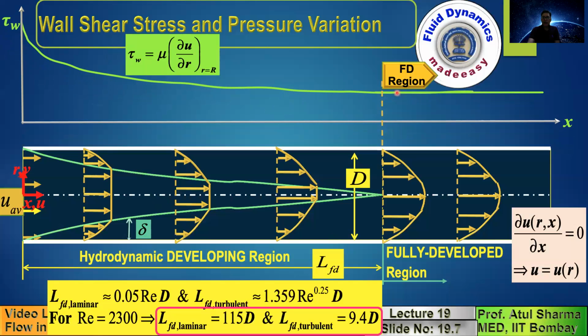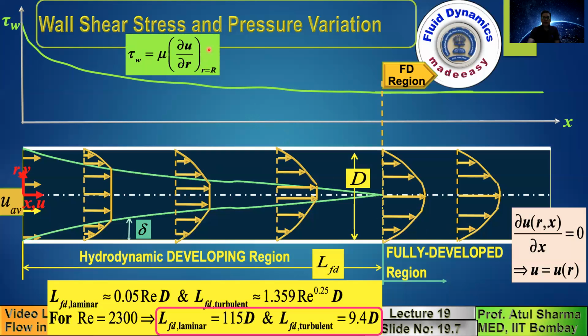The reason it becomes constant is that if you calculate del u by del r at r equal to capital R, which is at the wall, the velocity profile is invariant, so the slope of the velocity profile at the wall is invariant.